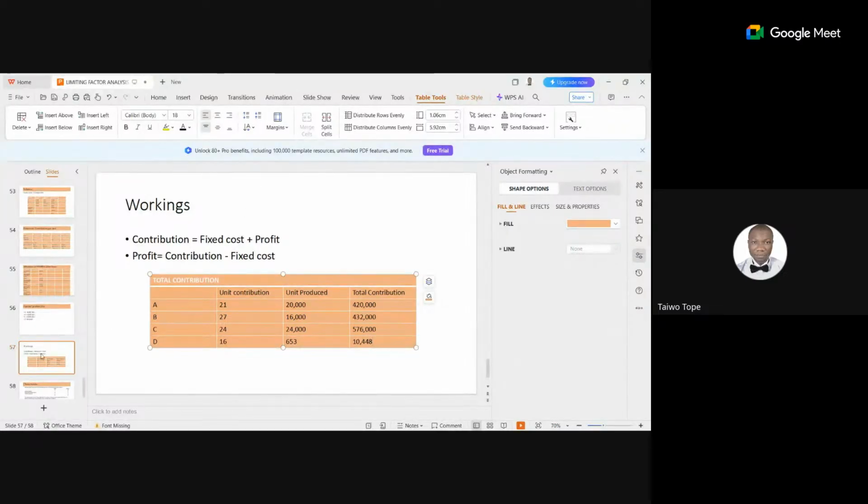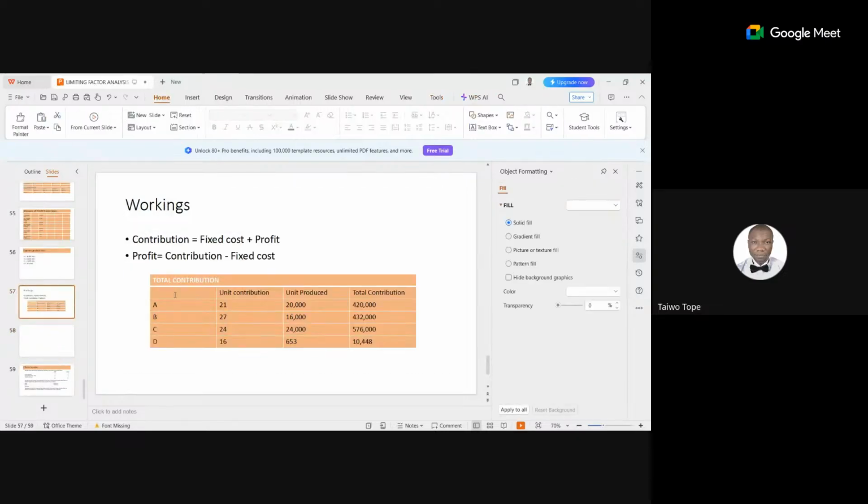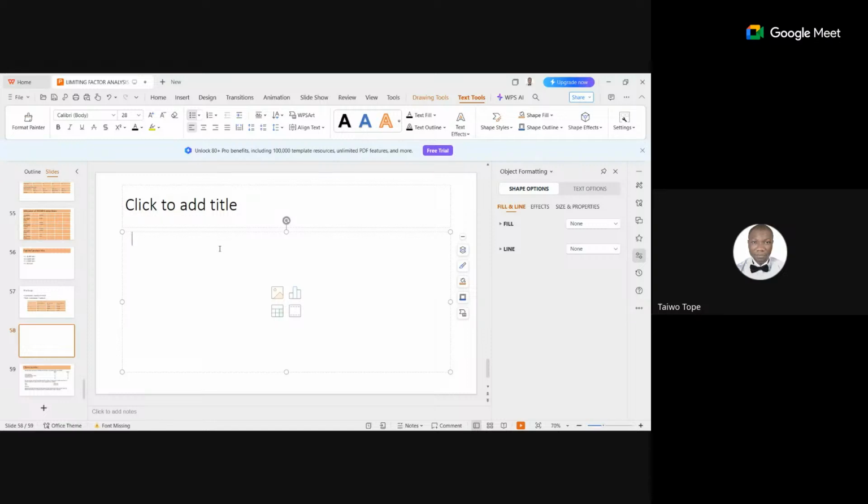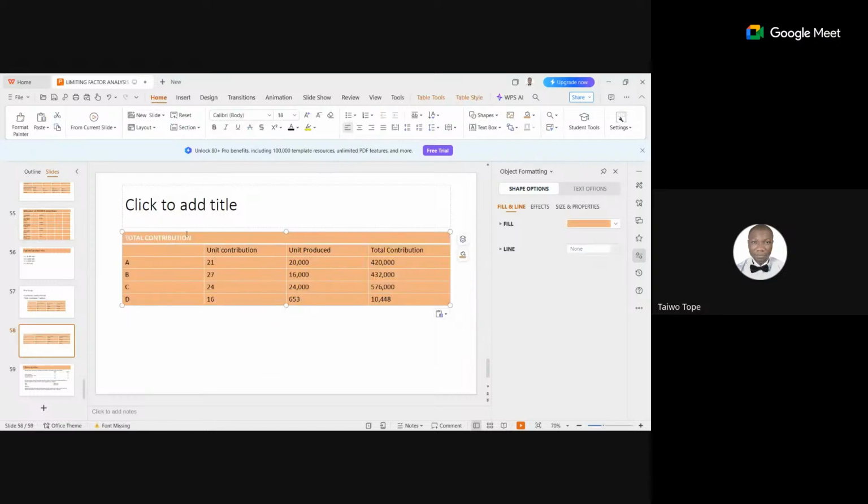Now, what will our total fixed cost also look like? The total fixed cost. In the same light, let's copy this. Contribution, then total fixed cost.